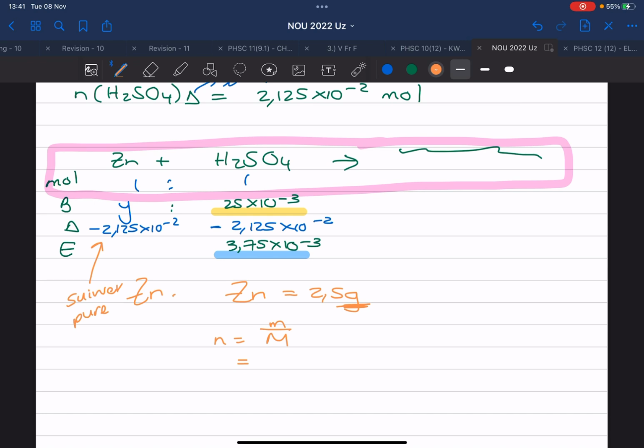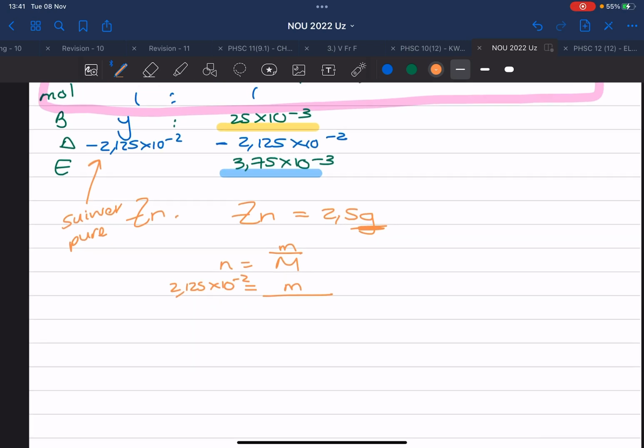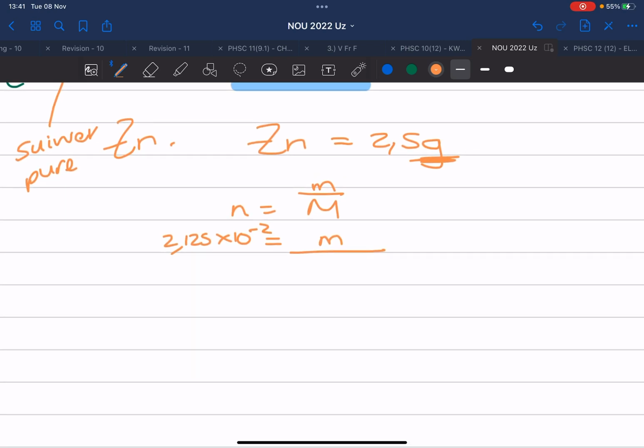Die mol is 2,125 maal 10 to the power minus 2. Ek soek die massa. What is the molar mass of zinc? I think it's 65. En dit gee vir jou 1,3813 gram.